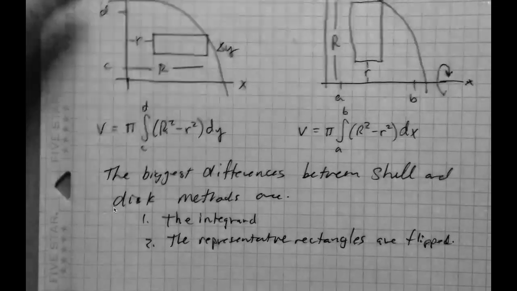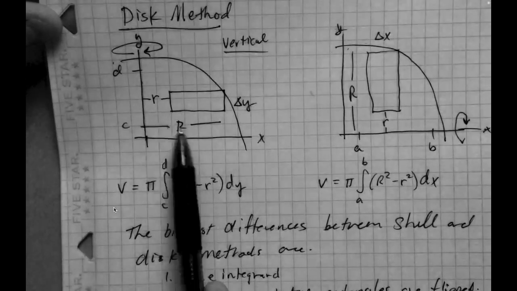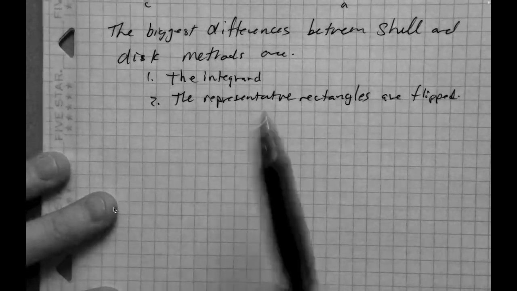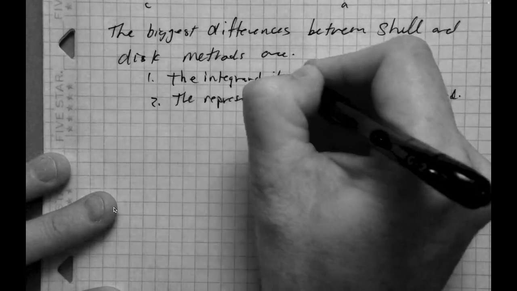So they're flipped. So here the representative rectangles were perpendicular to the axis of rotation. In the shell method, they're parallel to the axis of rotation.